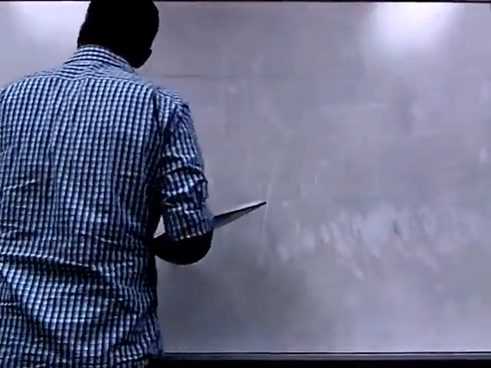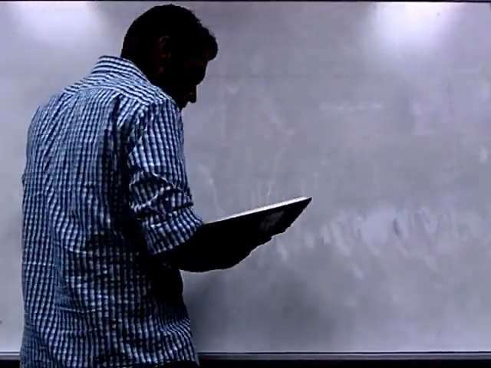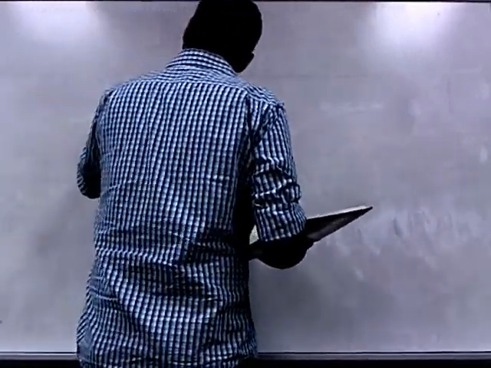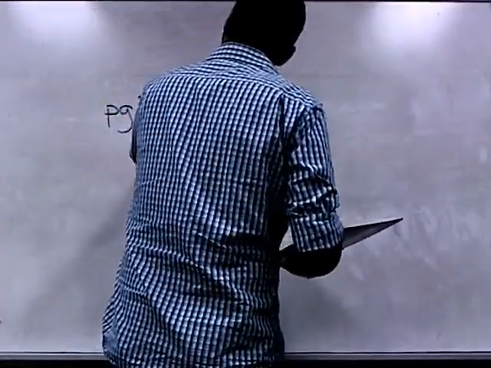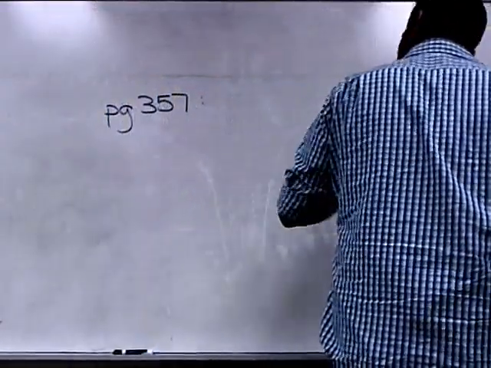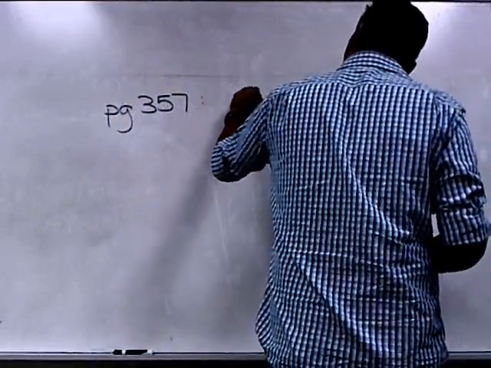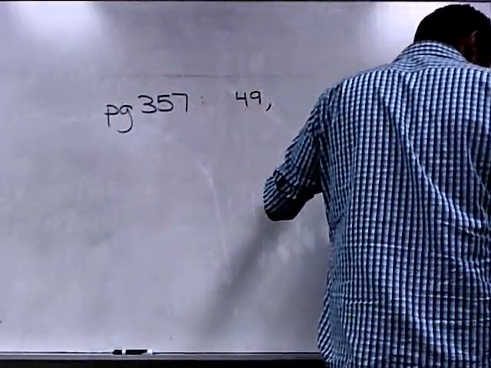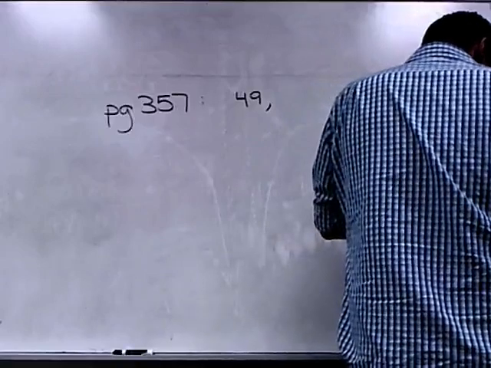Okay, so what I would like for you to do is on page 357, starting on, let's see, we're going to do number 49. This is just the first day of homework, so I'm not going to make it too extreme.